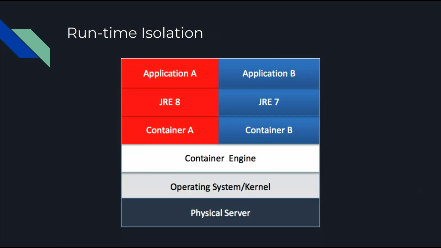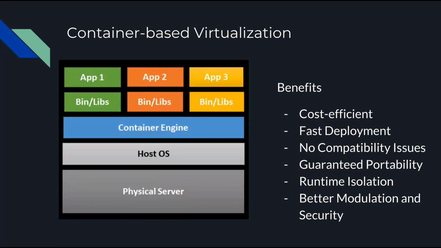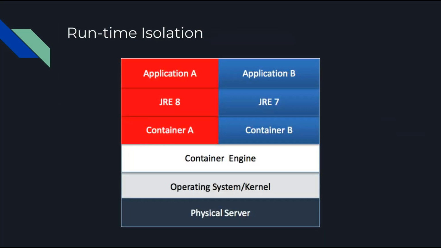That way you have runtime isolation. And then, of course, there's better modularization and security because it's all encapsulated in one protected environment with no sharing and with tight security features.